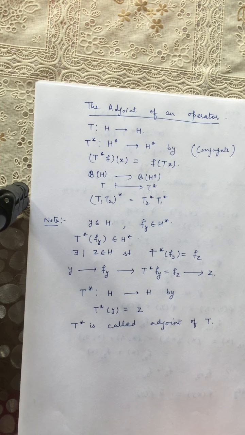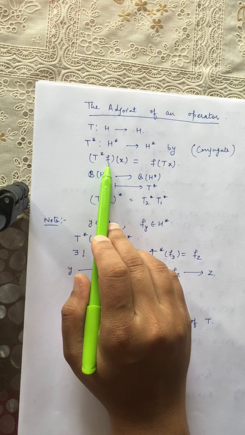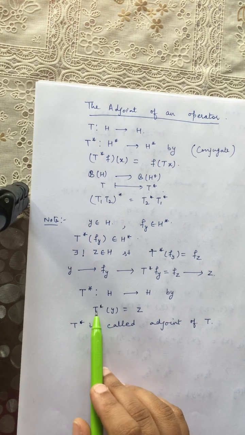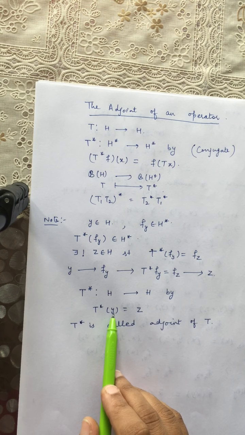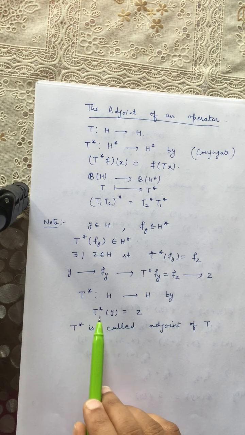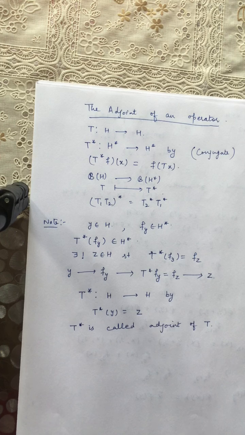We check the domain. If T star is applied on f, where f is a functional, it is the conjugate. If T star is defined on the vectors y or x, then it is the adjoint. From the domain we can differentiate between the conjugate and adjoint.